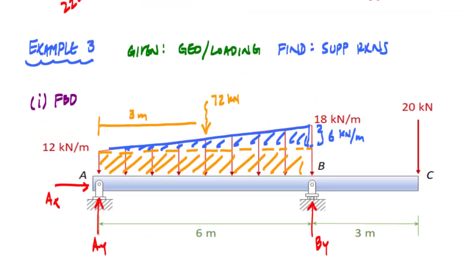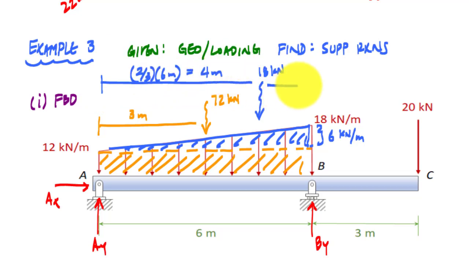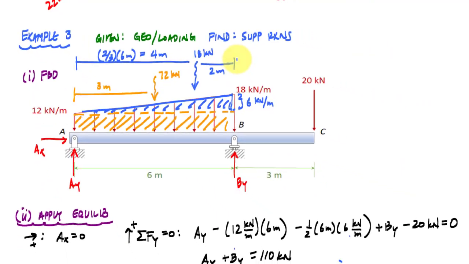The linearly distributed part, the triangular portion, has a resultant that's going to be right around here, and it's going to be 18 kilonewtons. The resultant is 2/3 of 6, 4 meters, and that makes this distance 2 meters.